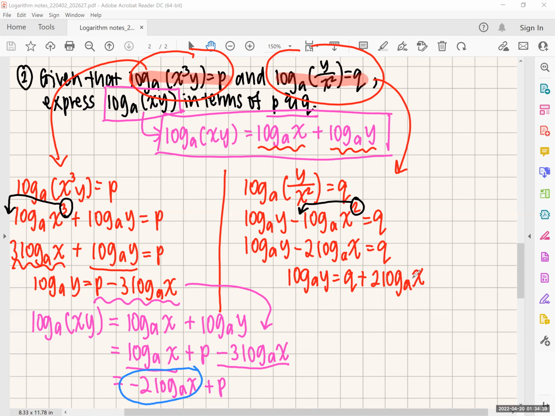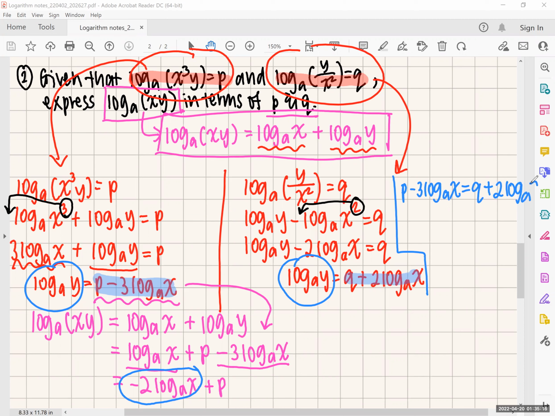Because over here, if you see, this is log AY, and here is also log AY, I can technically say that P minus 3 log AX is the same as Q plus 2 log AX. So that will form another equation. P minus 3 log AX is equal to Q plus 2 log AX.